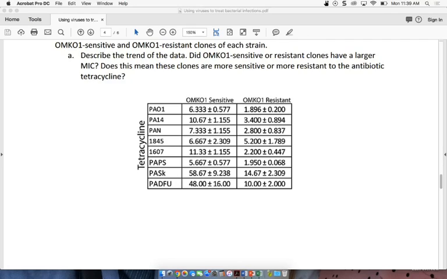These first three here are all just laboratory strains that are commonly used to study Pseudomonas aeruginosa. The next two here, the ones with numbers, were environmental isolates, I think actually from a hospital sink drain, if I'm not mistaken. And then the last three are actually all from patients that were experiencing Pseudomonas infections.